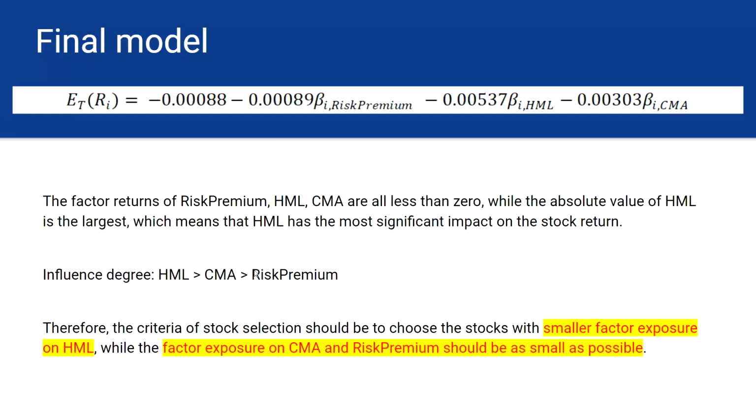And the influence degree of the three factors is HML greater than CMA greater than risk premium. Therefore, the criterion of stock selection should be to choose the stocks with smaller factor exposure on HML, while the factor exposure on CMA and risk premium should be as small as possible too.